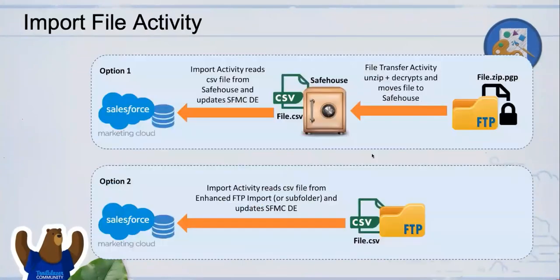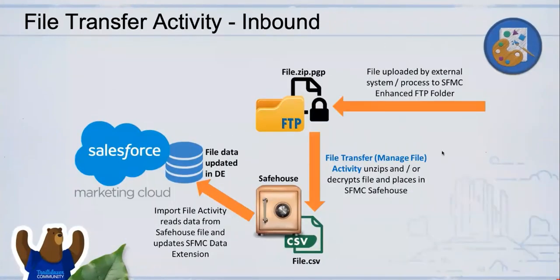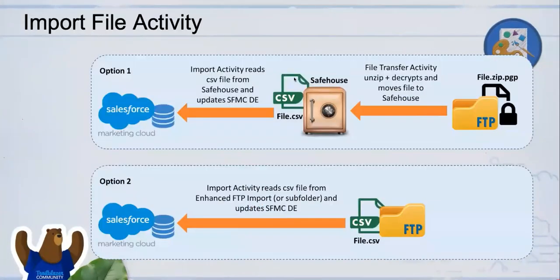Now, what is import? Import, as we saw here, for an inbound activity, you can use a combination of file transfer plus import, same as what we saw in the previous option. But there is another option. If there is no requirement to zip or decrypt the file, then you can also use import activity directly.